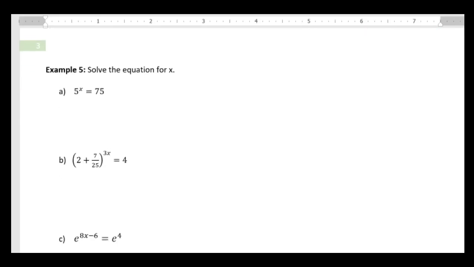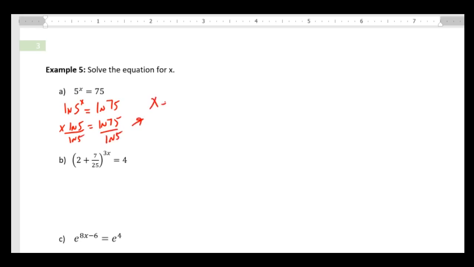Okay, so let's solve the equation here. Since we have an exponential function, the 75 we cannot write as 5 raised to some number. So I'm going to take natural log of 5 to the x equals natural log of 75. Bring the x to the front. Divide by natural log of 5.